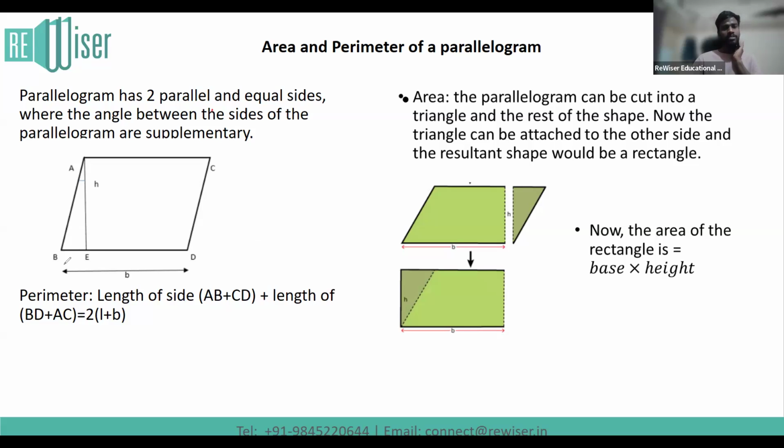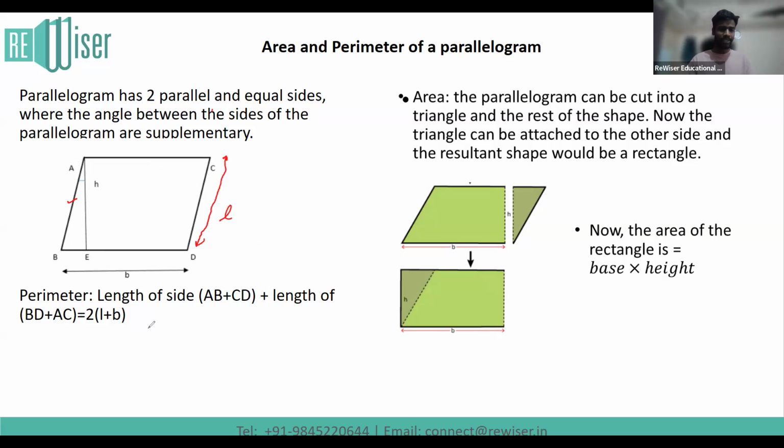So you can also say it as 2 times AB. If I take it as length into breadth, it's going to be 2 times length, where length means I have to take the slant side to be the length. So it's going to be 2 times L plus B. So this will give us the perimeter.